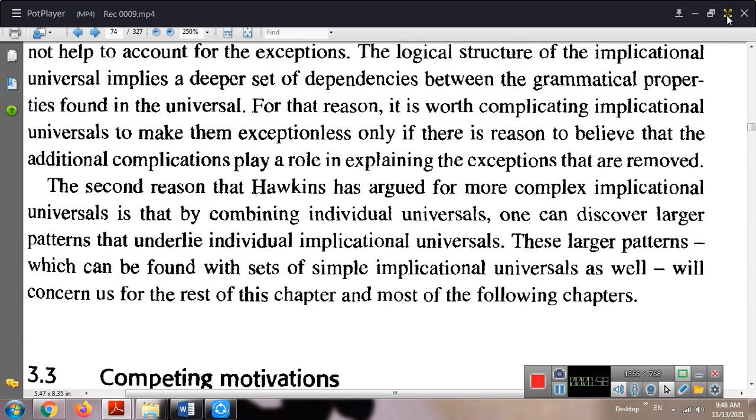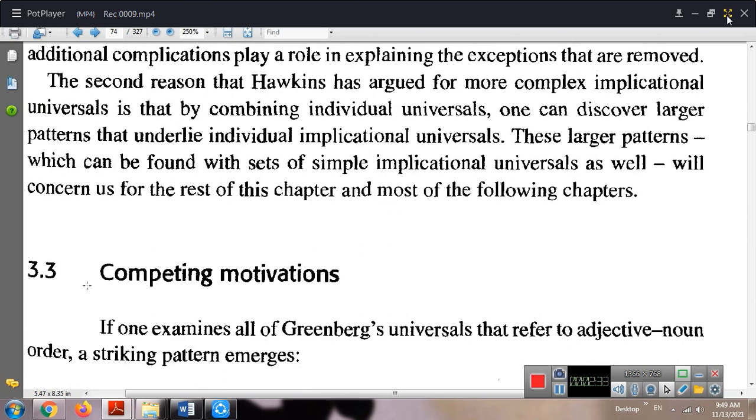The second reason that Hawkins has argued for more complex implicational universals is that by combining individual universals, one can discover larger patterns that underlie individual implicational universals. These larger patterns, which can be found with sets of simple implicational universals as well, will concern us for the rest of this chapter and most of the following chapter.